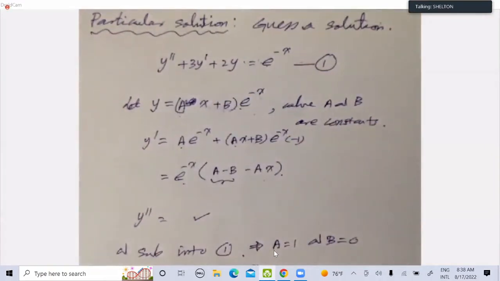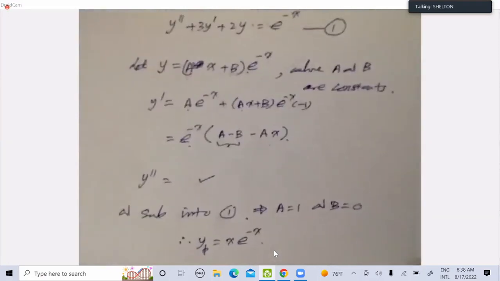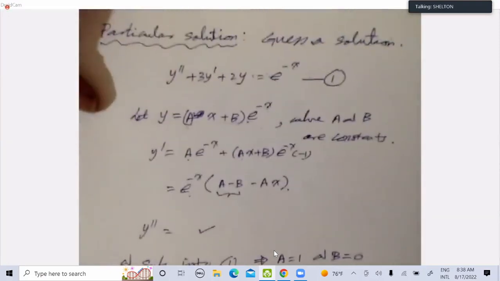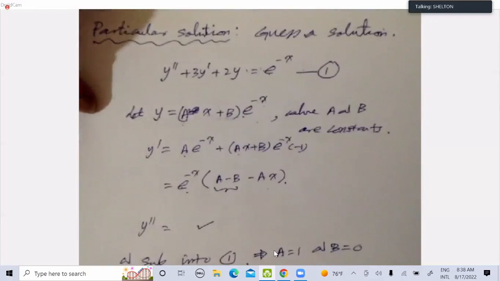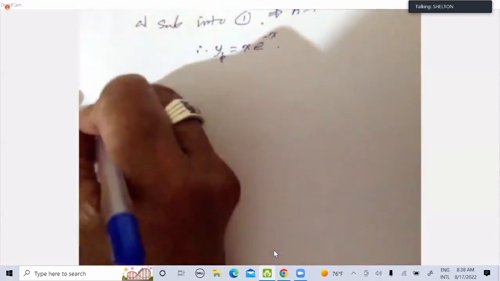So from guesswork also, you can find a particular solution. I have given you a sure shot method, but this guessing method can also be used.